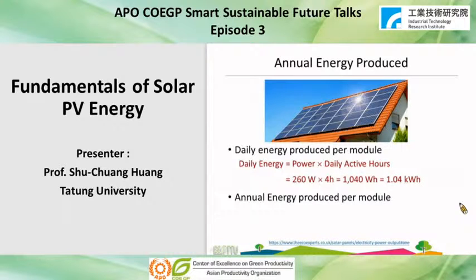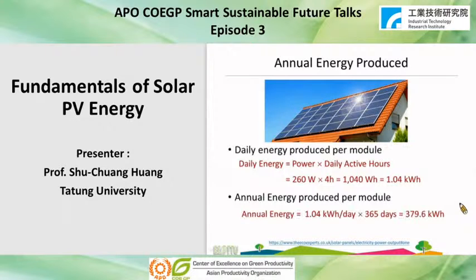For example, if the sun shines about 4 hours, then the energy generated for a day is about 1 kilowatt hour.